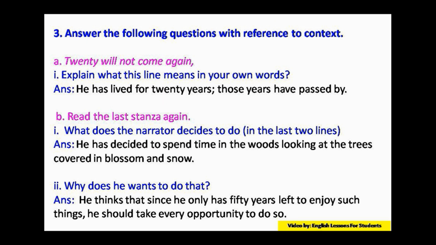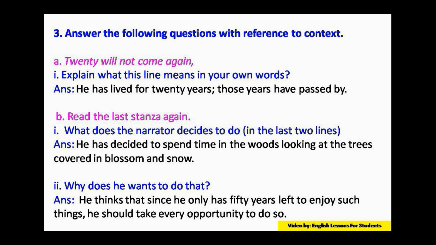3. Answer the following questions with reference to context. A. 20 will not come again. 1. Explain what this line means in your own words. Answer. He has lived for 20 years. Those years have passed by. B. Read the last stanza again. 1. What does the narrator decide to do in the last two lines?